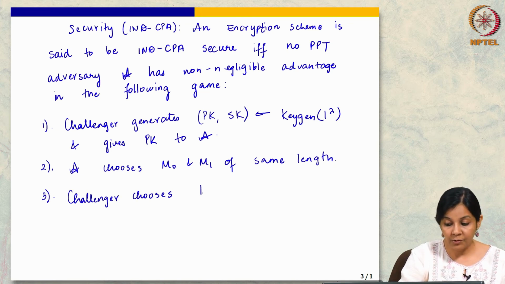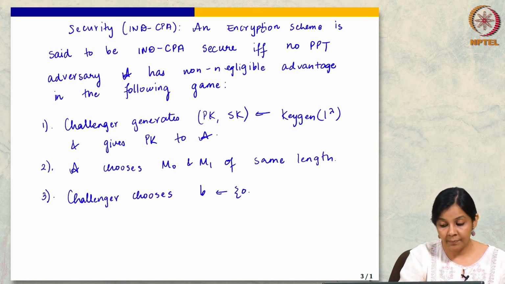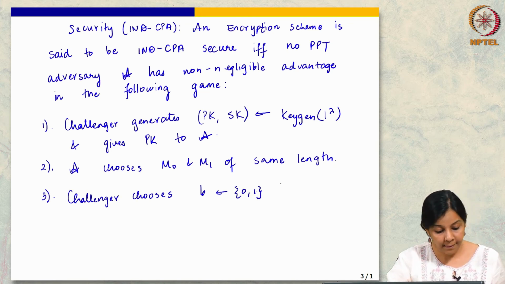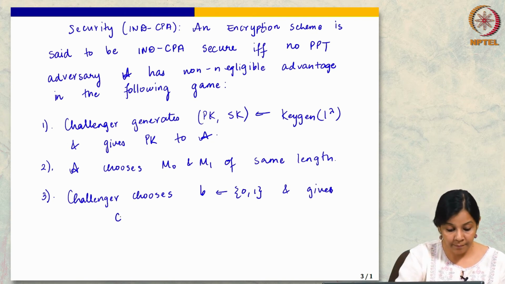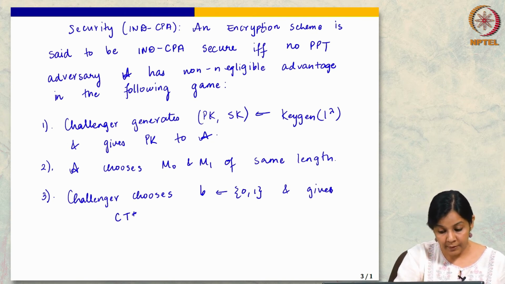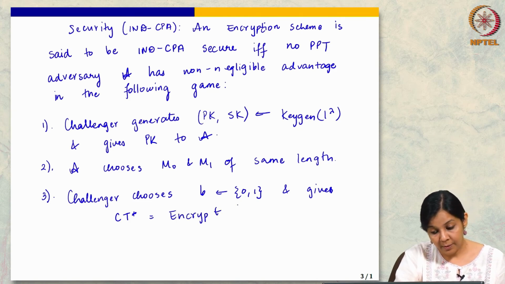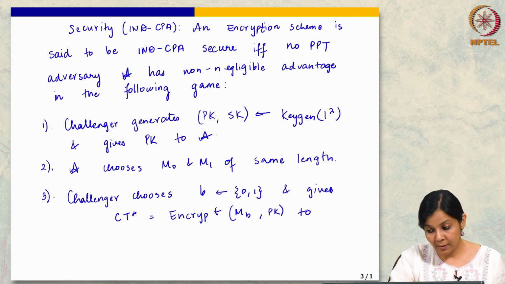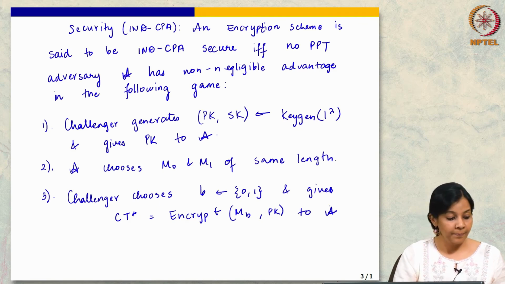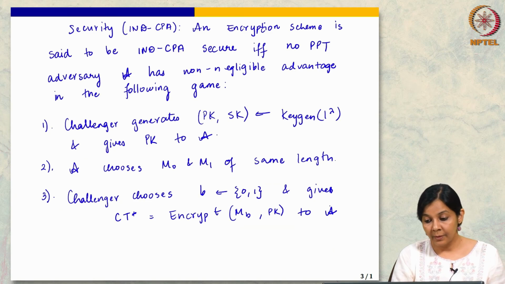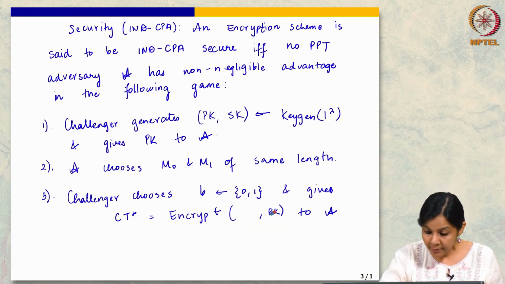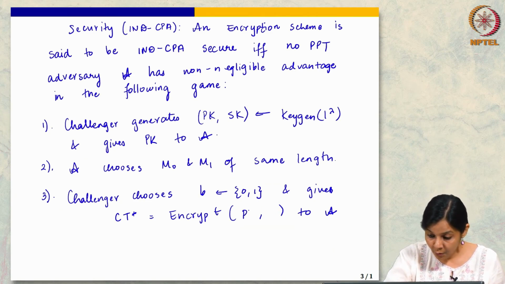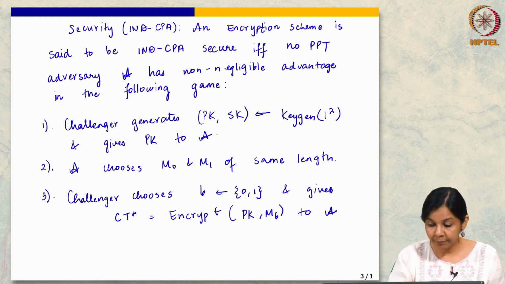Then the challenger chooses b and gives CT star equal to Encrypt(M_b, PK) to A. Let me be consistent in the order of arguments.